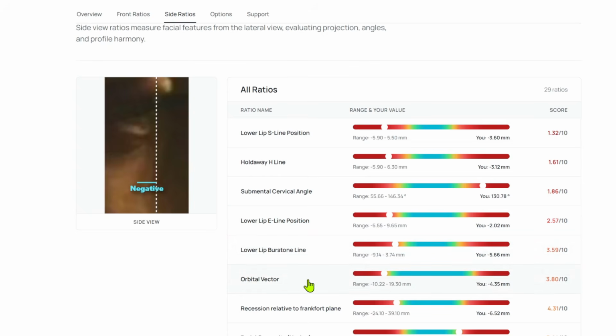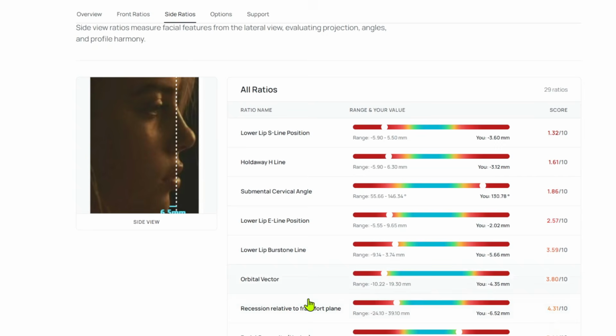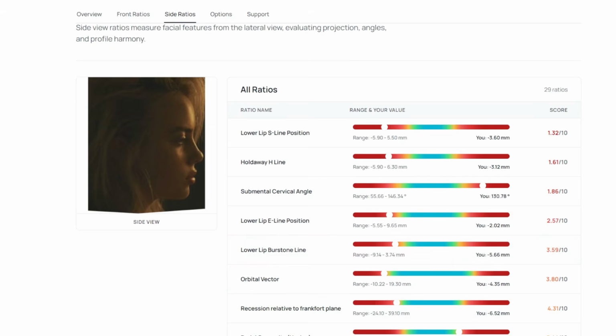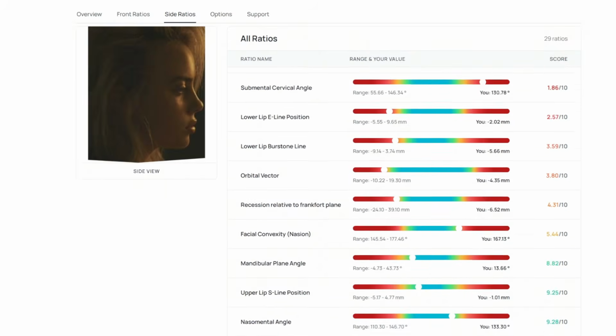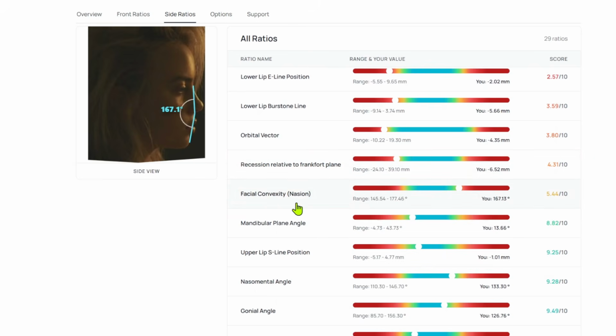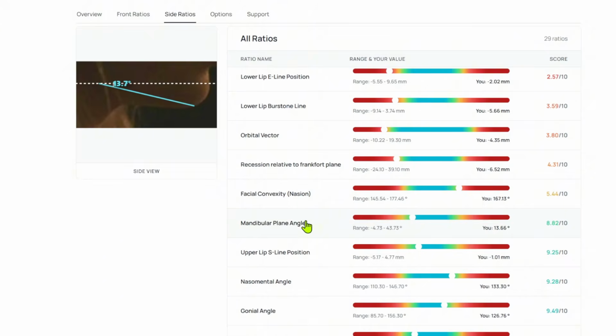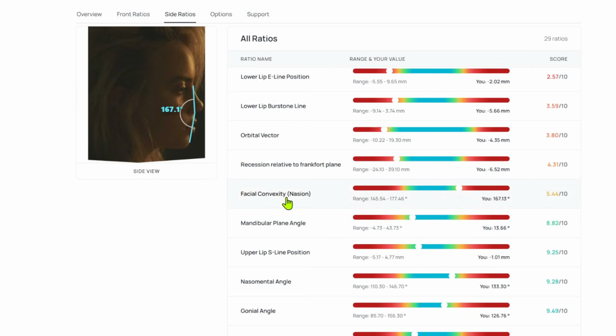Burstone line, orbital vector, it's negative, okay. Recession relative to Frankfurt plane. Okay. This is interesting. Her facial convexity Nasion is a 5.44 out of 10.